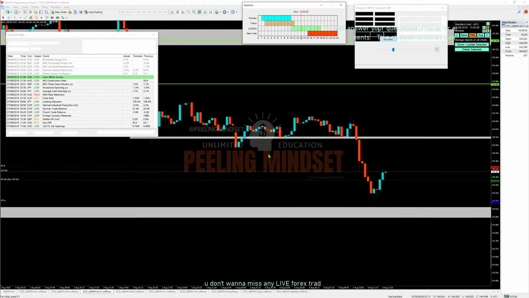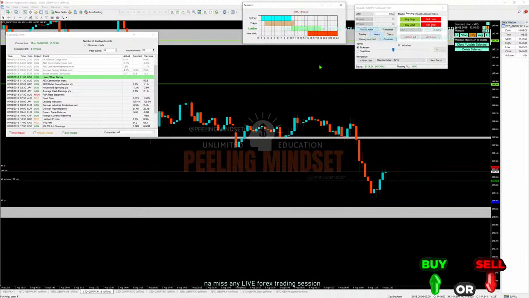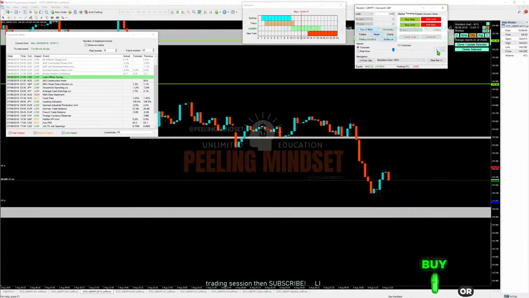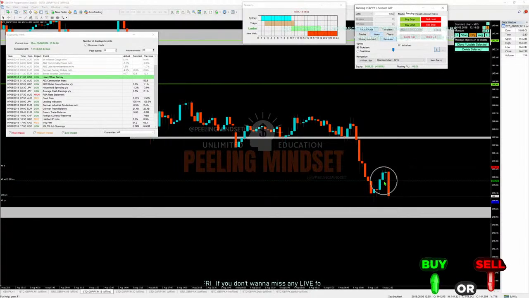So the risk to reward is 1.5, which is a good risk to reward. Now we know the candles are pushing down. Now look at this. This is how the trade would have worked out. It would have tapped the price, not the best position to be in, but it's working out. So this could have been a possible scenario. And look at this. The TP is almost about to hit.